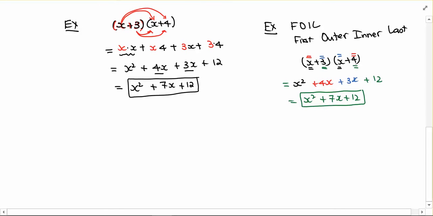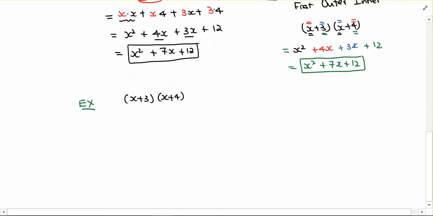But there is another way to do this multiplication that you might find useful, and so I'll do it again using this same example, and that is to use a sort of a table or a box. And in this one you write x plus 4 up here, and you write x plus 3 down there, and you fill the box.